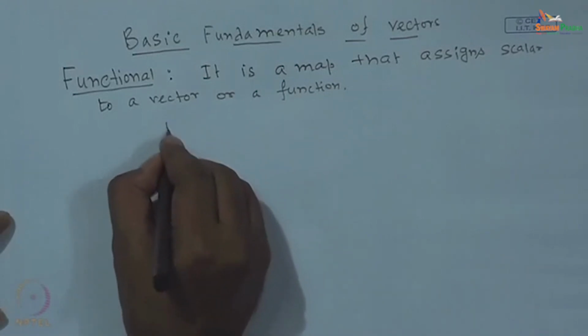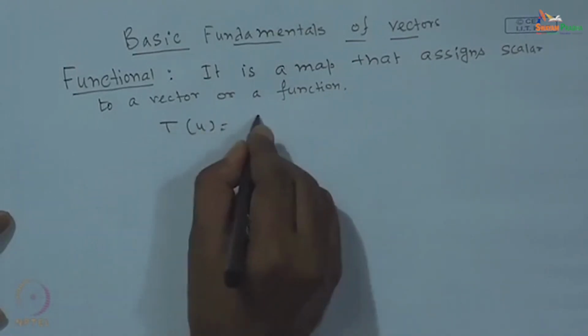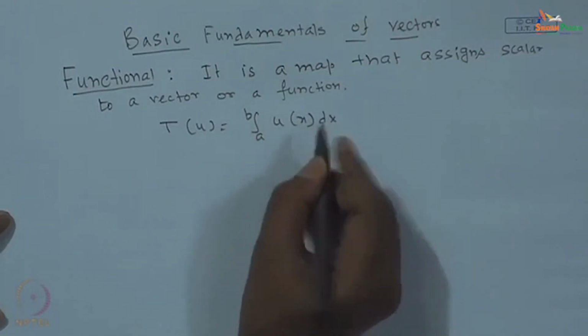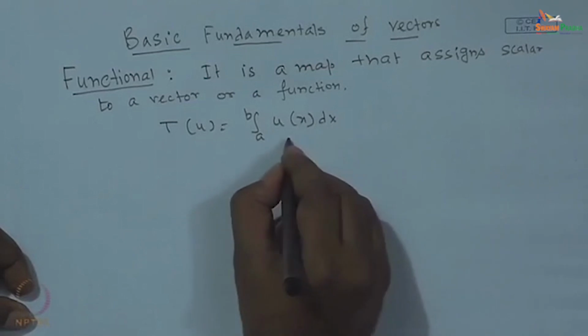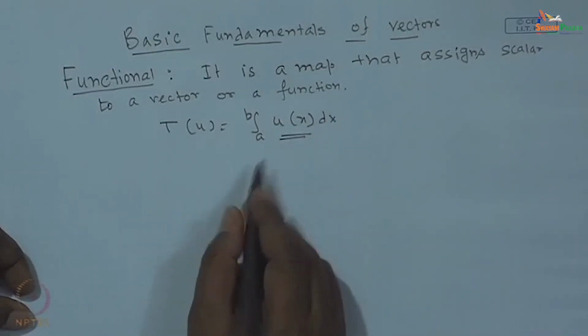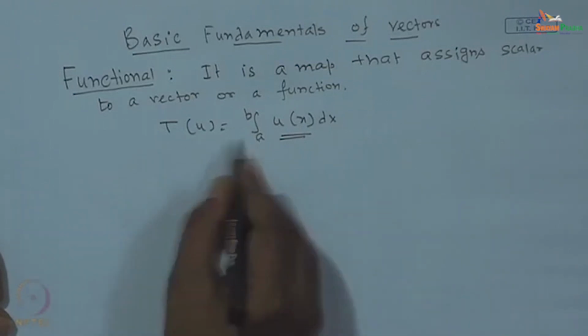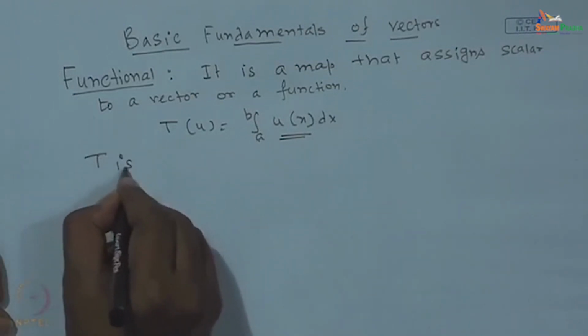For example, T of u is equal to the integral from a to b of u(x) dx. Okay. So, u(x) is a function between the limits x is equal to a and b, and T is basically a functional.